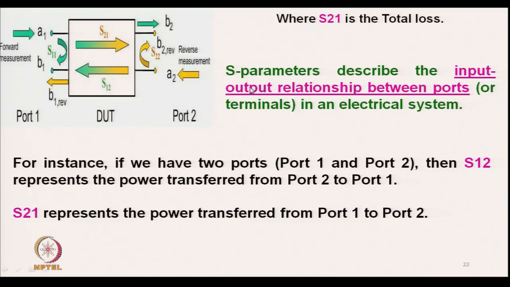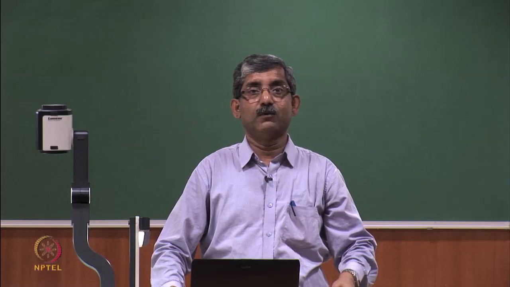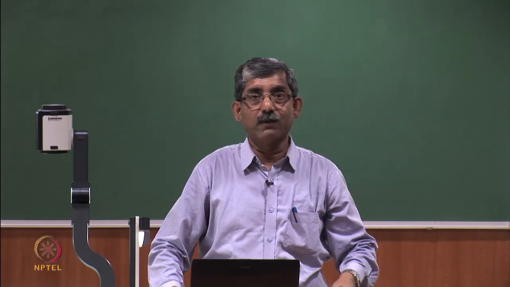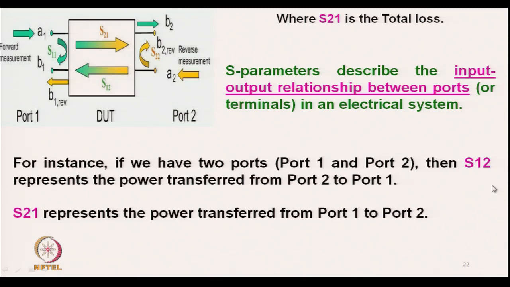For example, if we have two ports, port 1 and port 2, then S12 represents the power transmitted from port 2 to port 1, and S21 represents the power transmitted from port 1 to port 2.